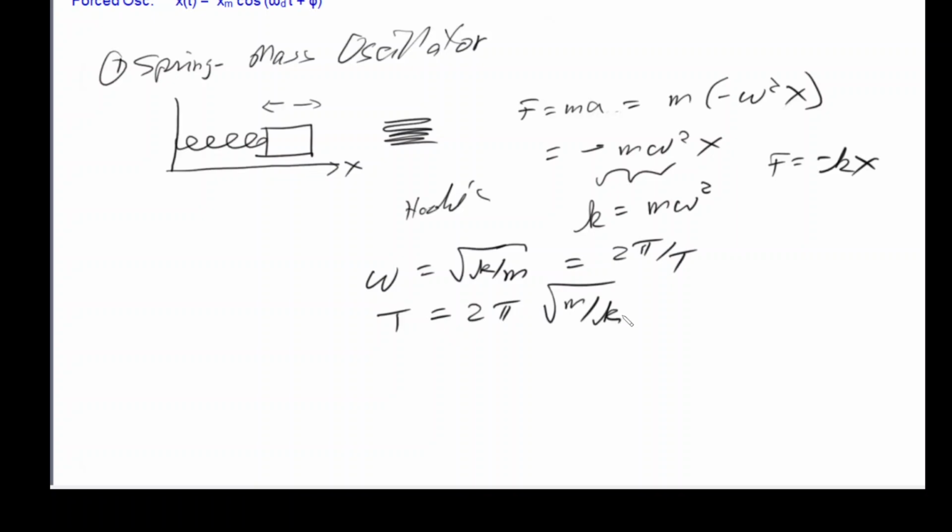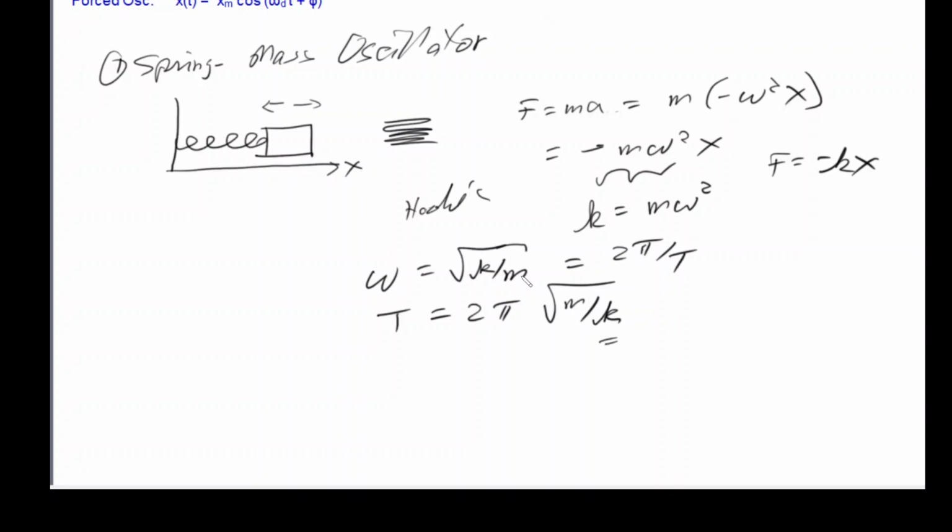So what this tells us is that if you have a stiff spring where k is high, it has a large angular frequency. That means it'll move back and forth very quickly, and a small period. It does that in a short period of time. And if you have a large mass, we have a small angular frequency.